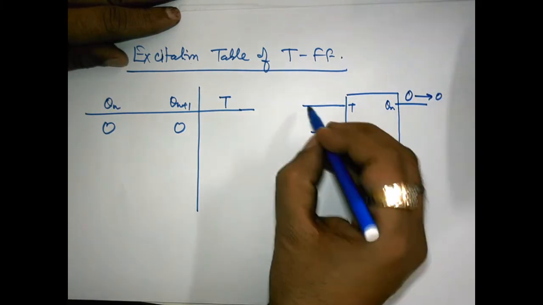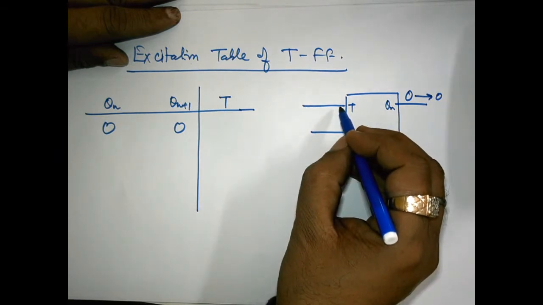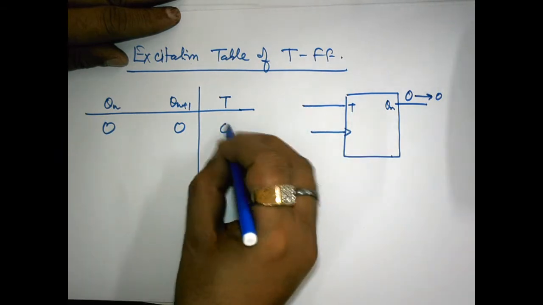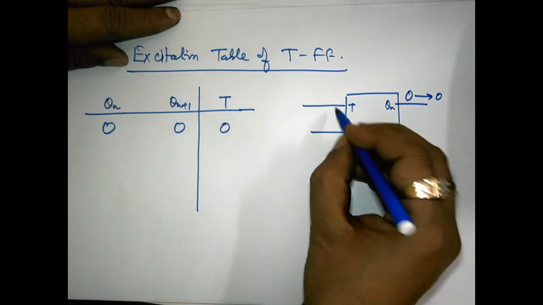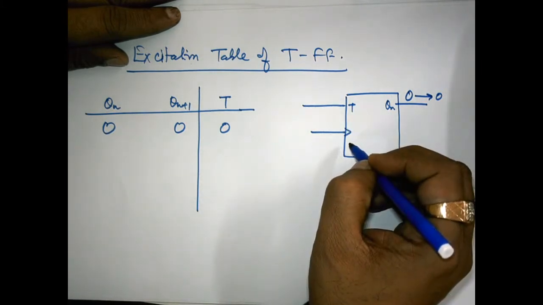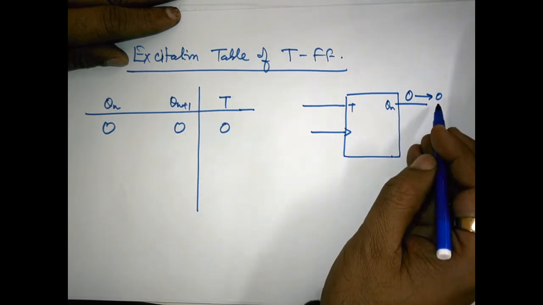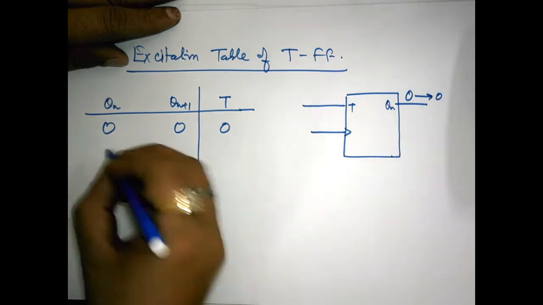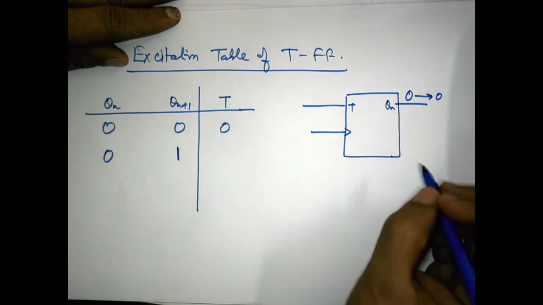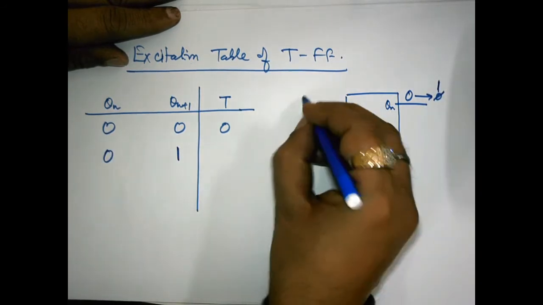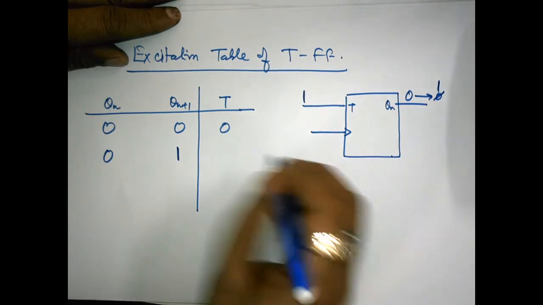What should be applied at the T input to achieve this? 0. 0 0 at both inputs of a JK flip flop is not going to change the output state, it will remain the same. But if it was 0 and we are willing to make it 1, we have to apply 1.